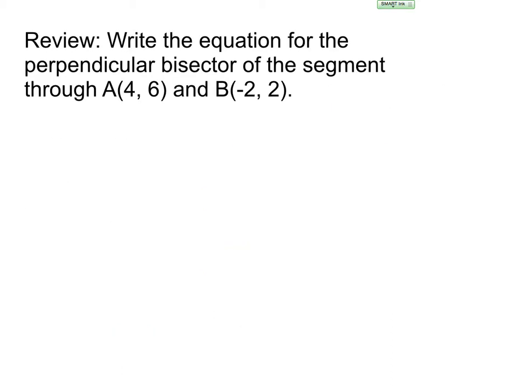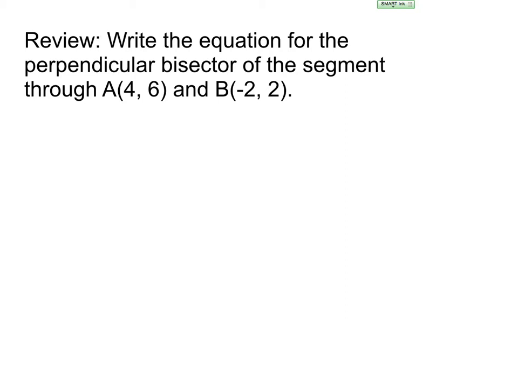All right, now we're going to try and see if your minds remember how we wrote the equation of a perpendicular bisector. How did we do that in chapter 3? Writing the equation of the line that is the perpendicular bisector. You might want to find a place on your notes so that you can have another sample.